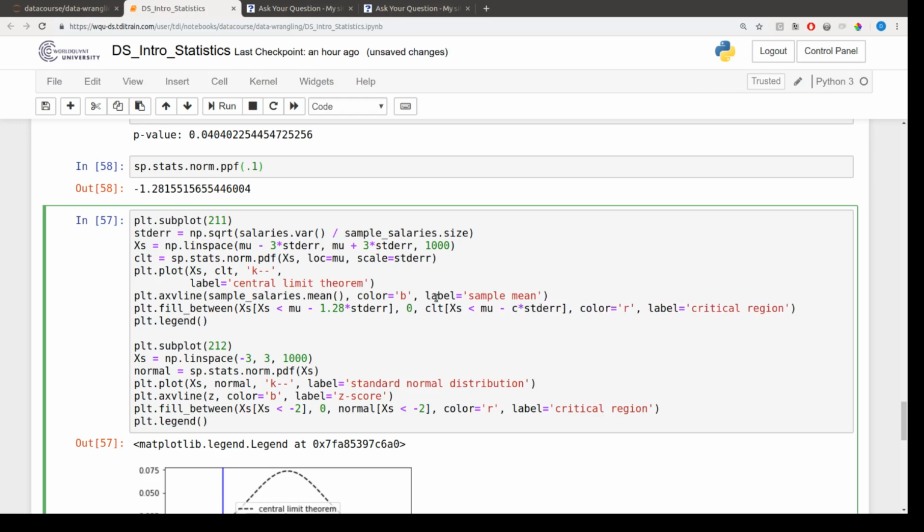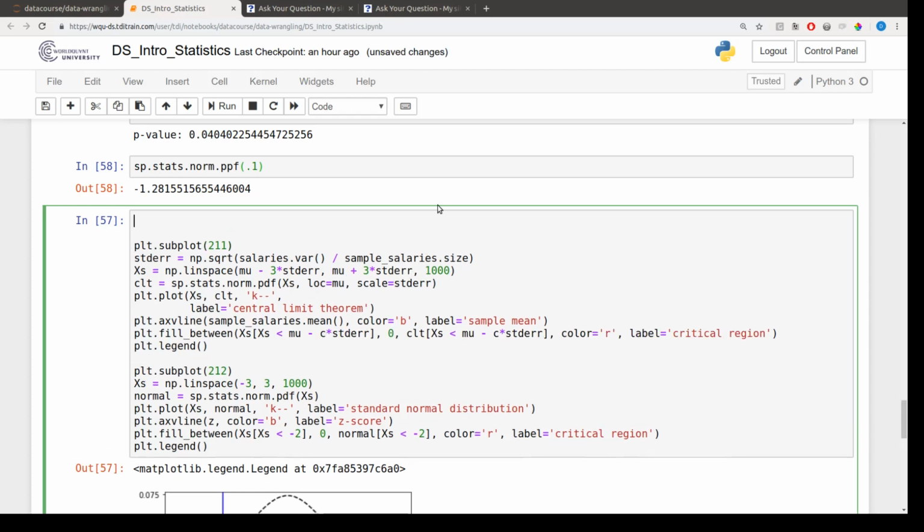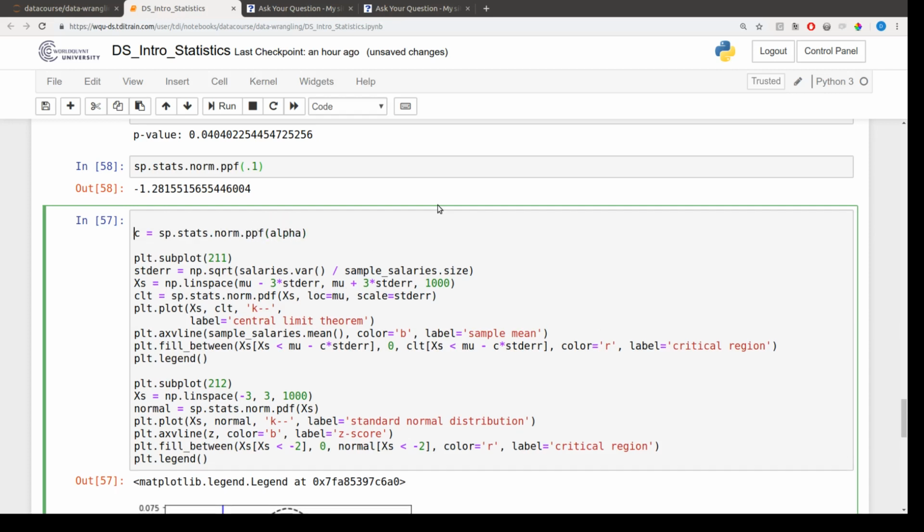I'll call this C, and then I will say C equals SP stats norm PPF alpha, and we'll set alpha equal to 0.1.